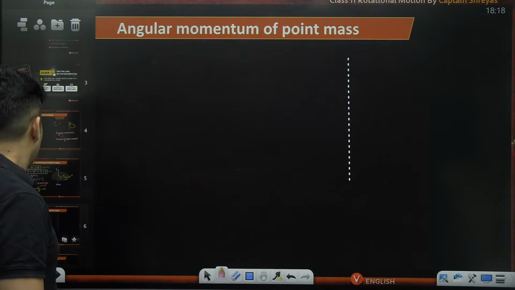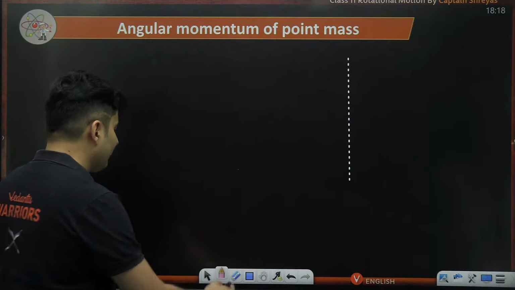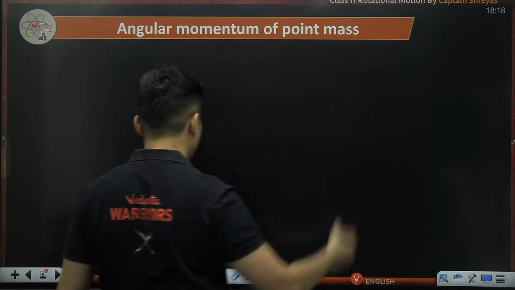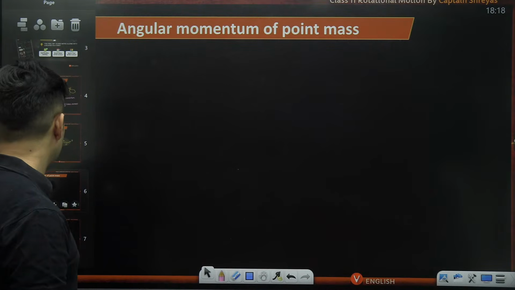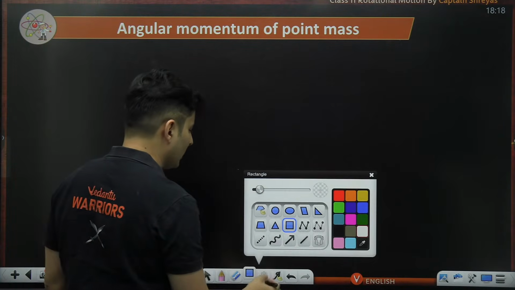Now, sir, are there some techniques by which we can find angular momentum in an easier way? The answer is yes. Just like for torque and everything, there are easy ways for finding angular momentum, and I will show that to you.